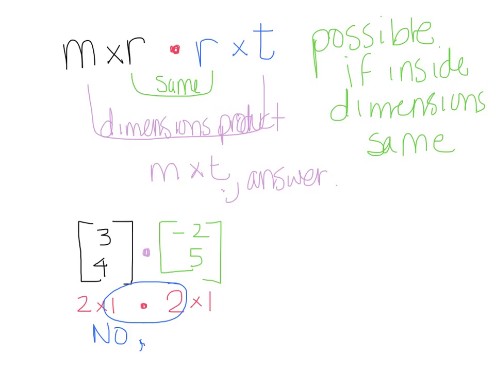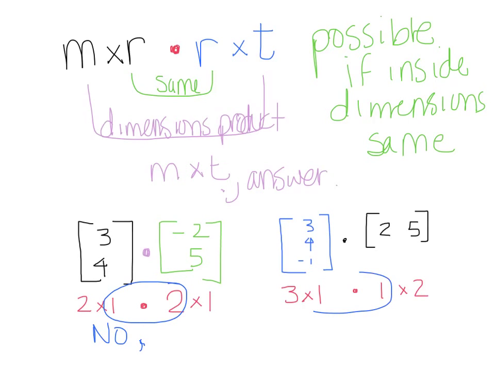Try this one. Okay, so I have a 3, 4, -1, kind of a column matrix, times this row matrix 2, 5. Find the size of each one and decide if they can be multiplied. So those are the sizes that I found, and I'm going to go ahead and say absolutely, these two numbers are the same.